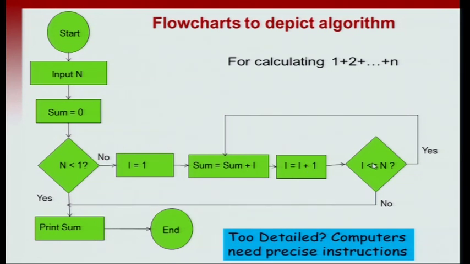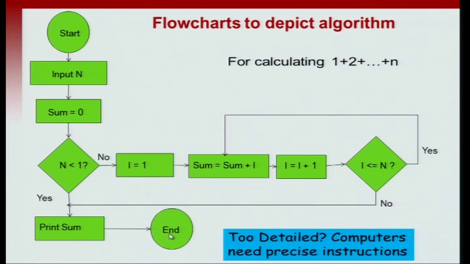If i is already n, then you are done. If i is not n, then you go back and do the sum all over again, okay, until you hit n. When you reach i equal to n, you come out of the program, print the sum and end the program.